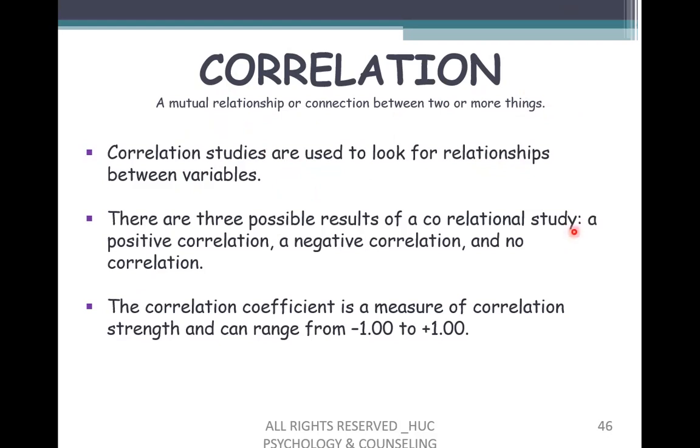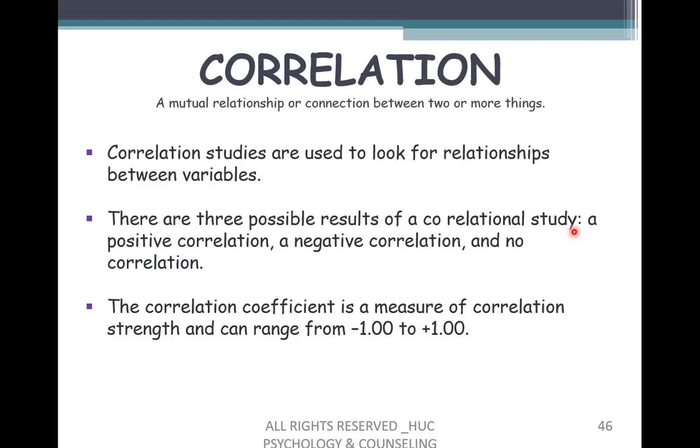When we do a correlation study, for example, we can take a married couple. By studying a married couple, because they are interrelated, we can see that after about 5-6 years of married life there may be problems within their family.